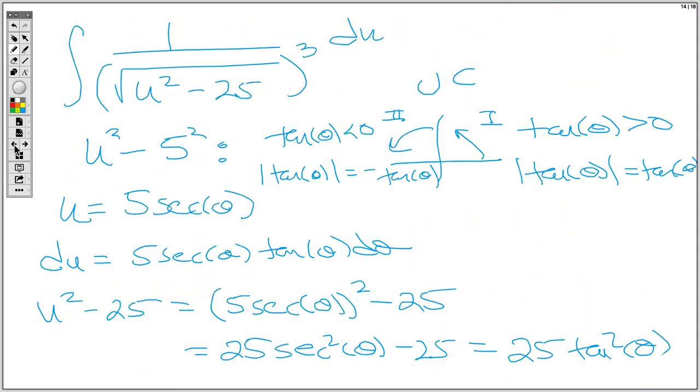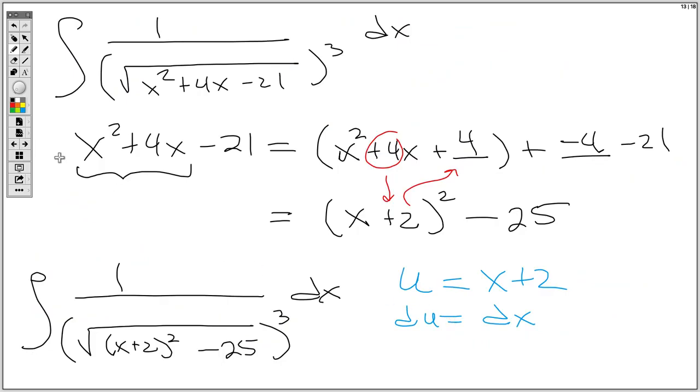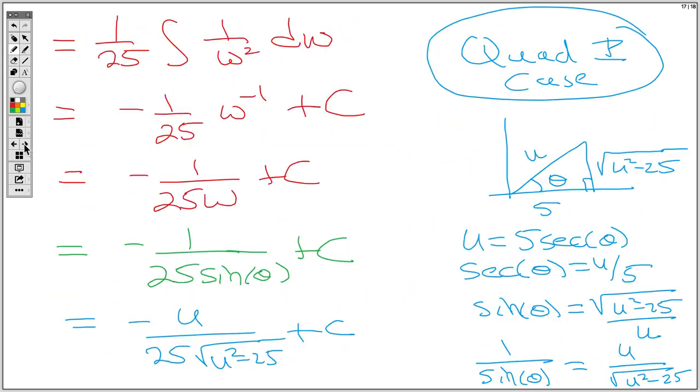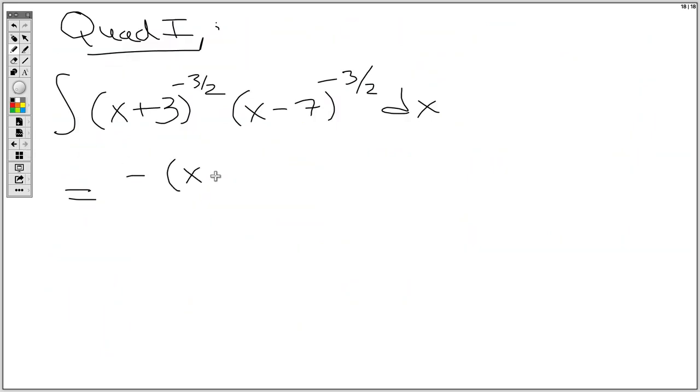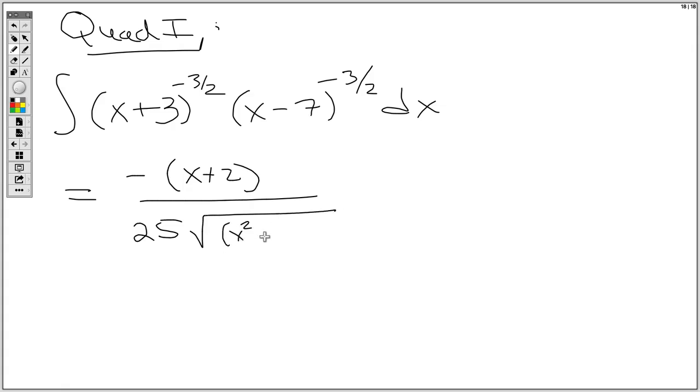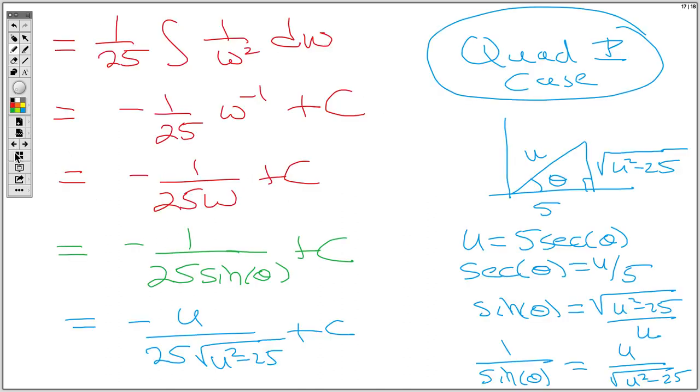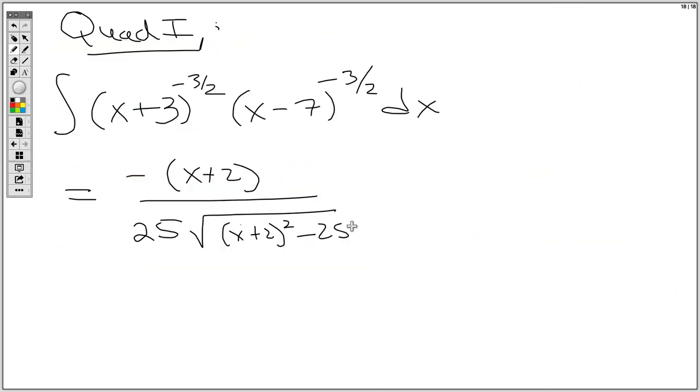So we go back to what the u was, x plus 2. So we've got minus the quantity x plus 2 divided by 25 square root the quantity x plus 2 squared minus 25, plus c.